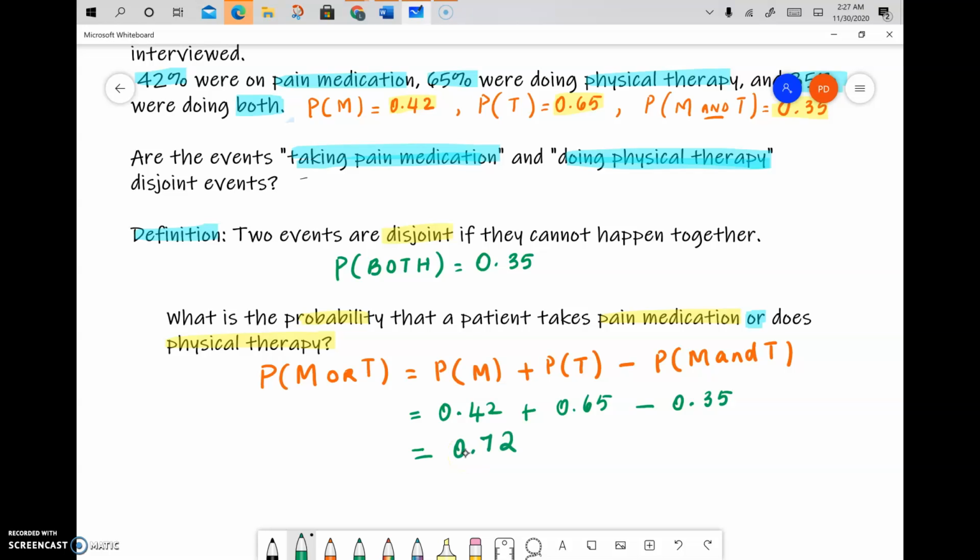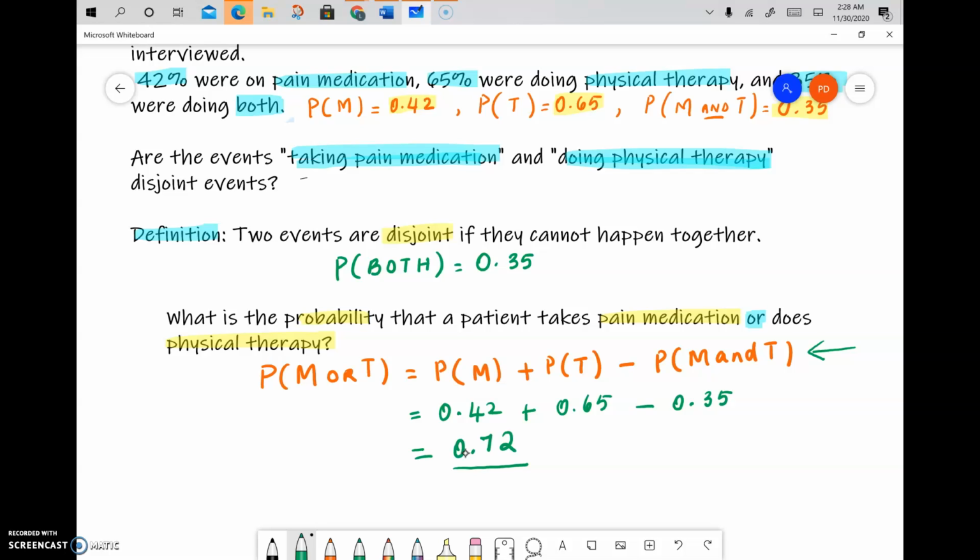So 0.42 plus 0.65 minus 0.35 is 0.72. So here we've just used the probabilities that are given to us, and keeping in mind that the events were not disjoint events, we use the addition rule, which is meant for two events that are not disjoint, which means there is an overlap.